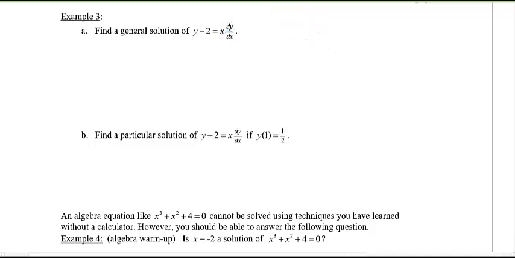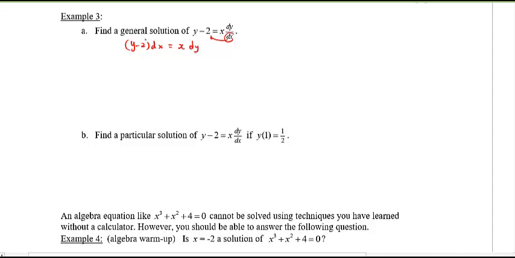So, once again, I would ask you to isolate the y's on one side and the x's on the other. If you did do this, you have to keep going.